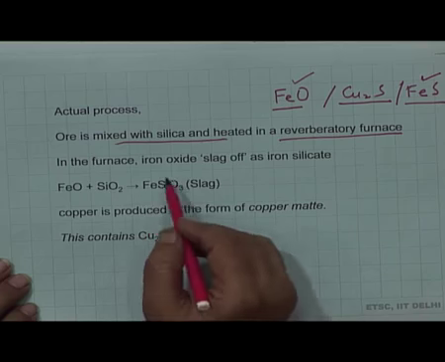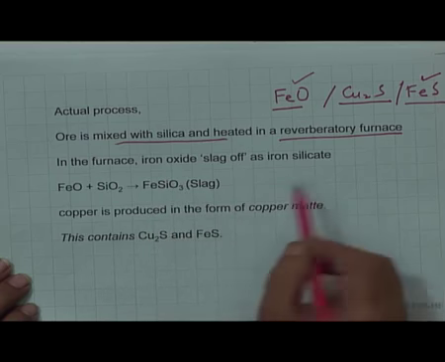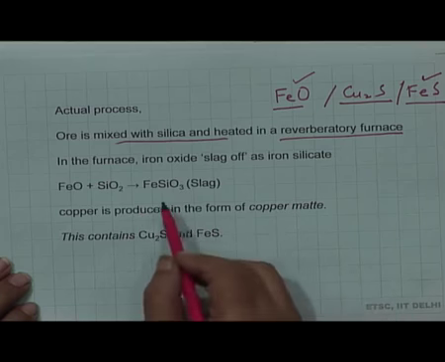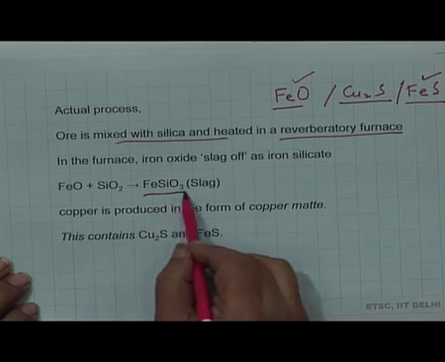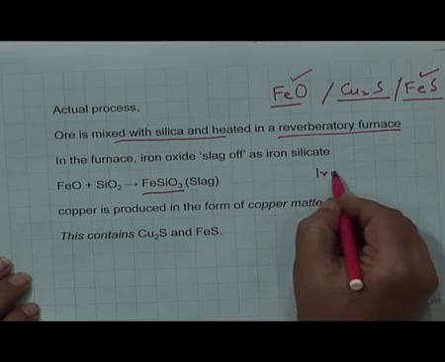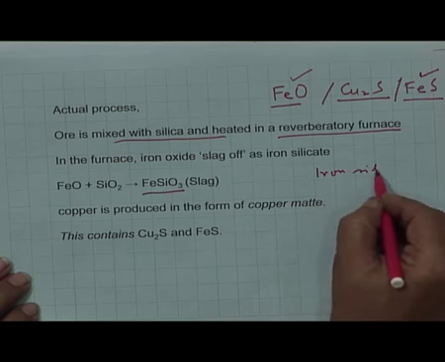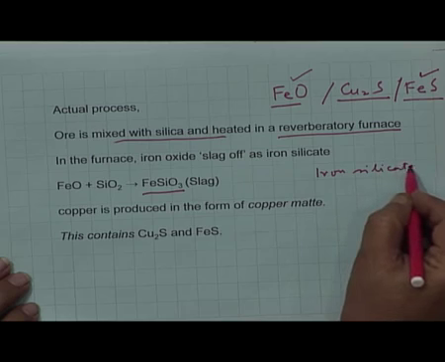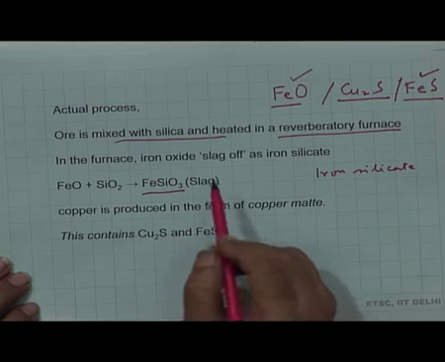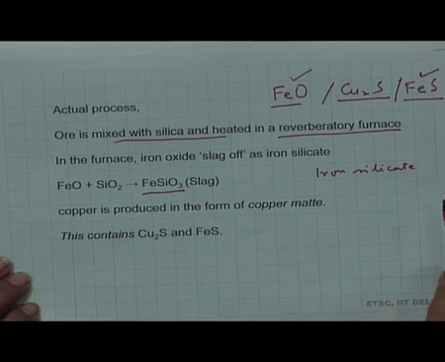So, in this furnace, when iron oxide is heated in the presence of silica, FeSiO3, iron silicate, is formed, and it is called slag because it is not a very useful material, and this is removed.